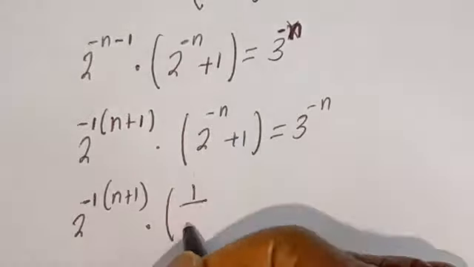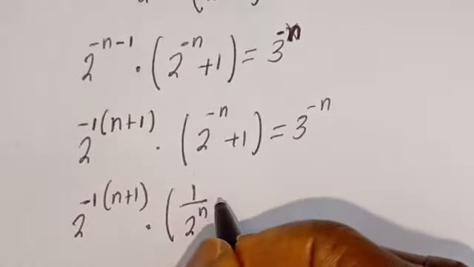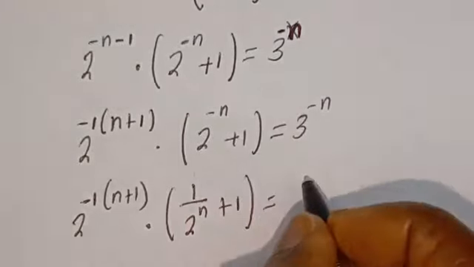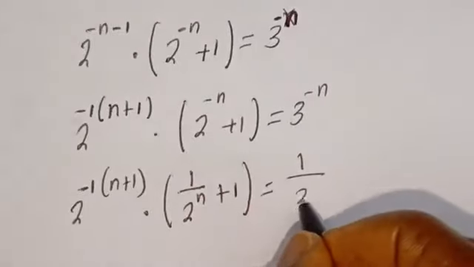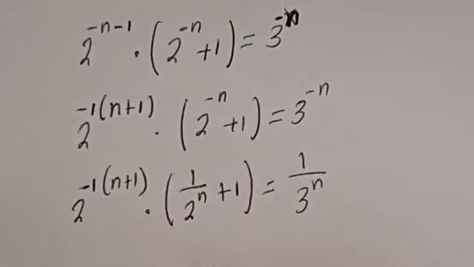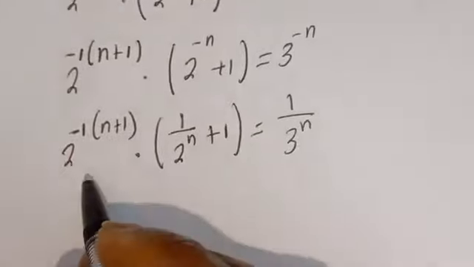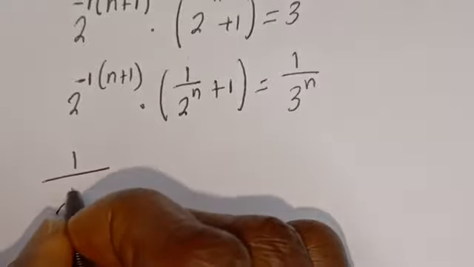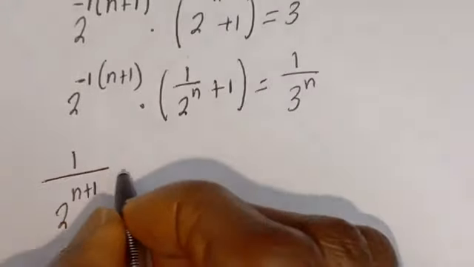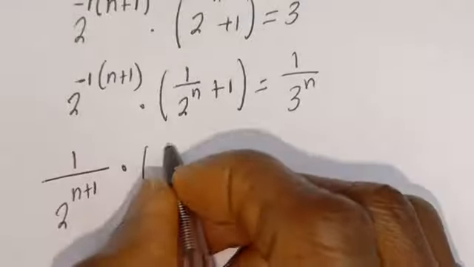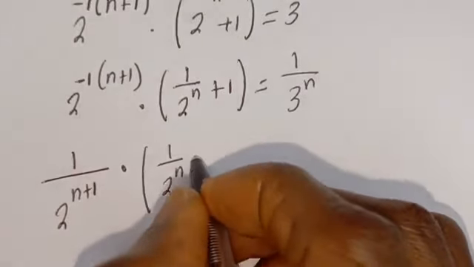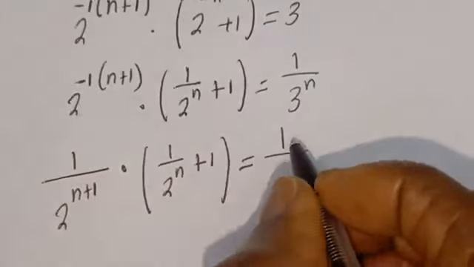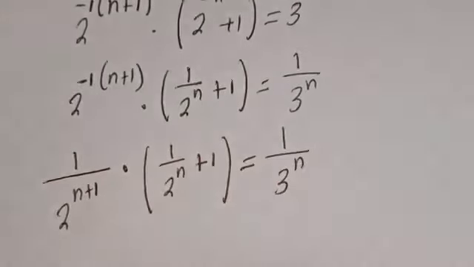This is 1 divided by 2 to the power of n, minus 1, multiplied by 1 divided by 2 to the power of n, plus 1, is equal to 1 divided by 3 to the power of n.